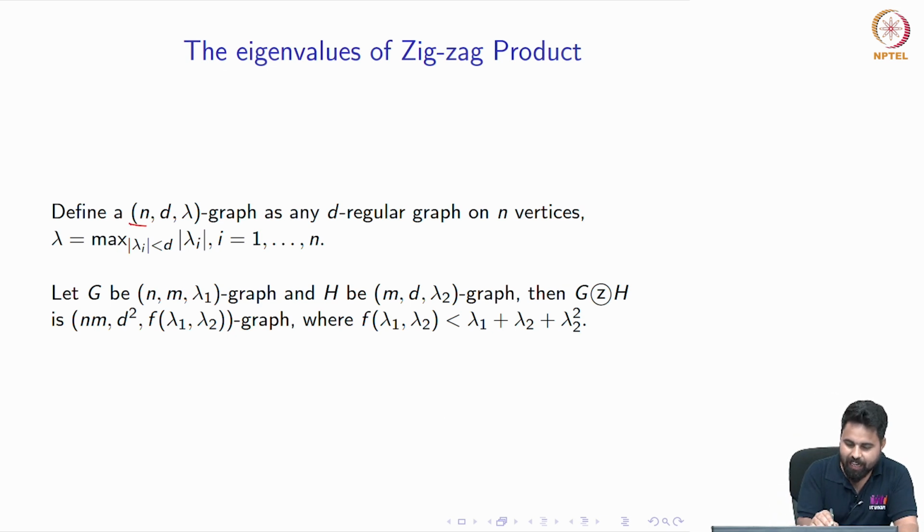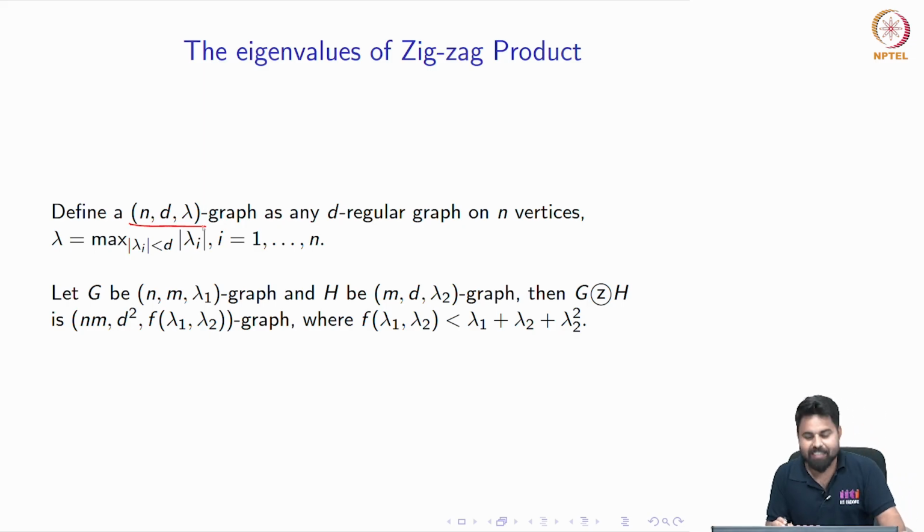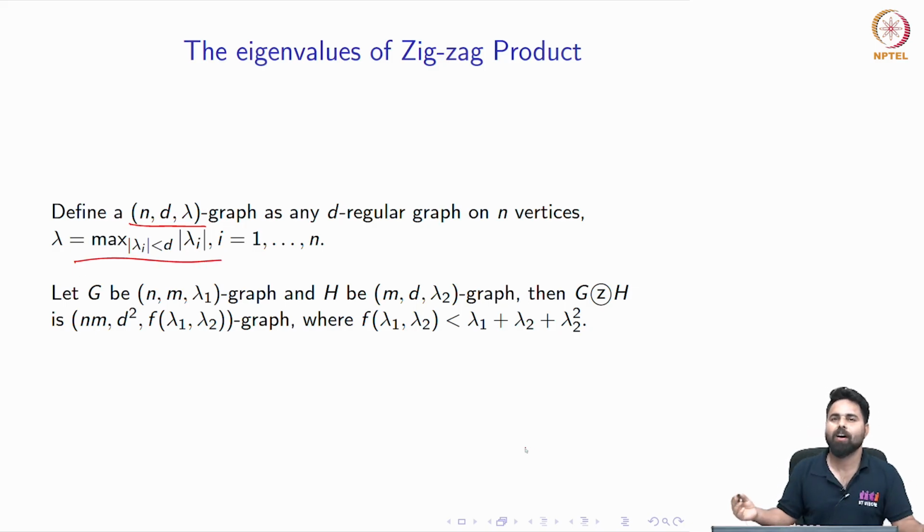Now suppose (n, d, lambda) describes a d-regular graph on n vertices with this quantity. We have already seen it many times. Lambda is the maximum of all the absolute values of eigenvalues other than d. Suppose G is this graph on n vertices having degree m and lambda 1 is that parameter, and H is the graph on m vertices with degree d, so remember these two are the same here.